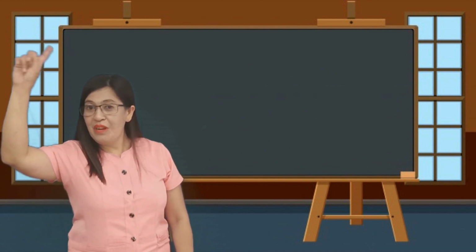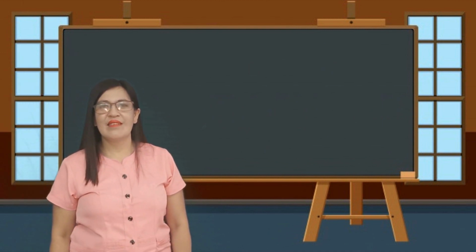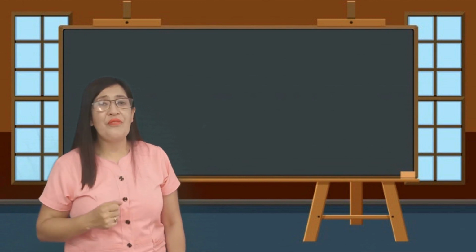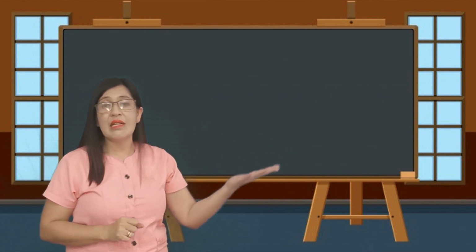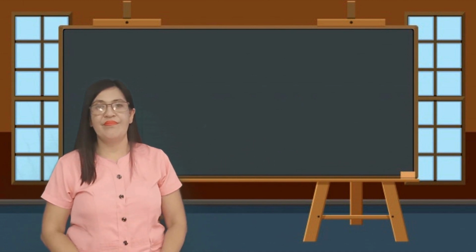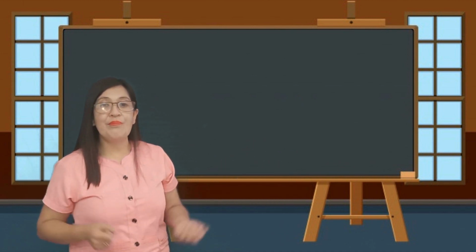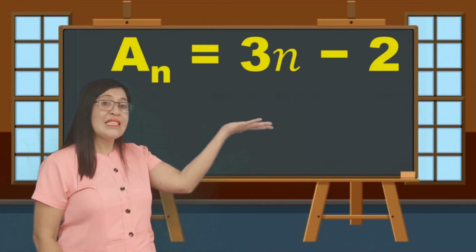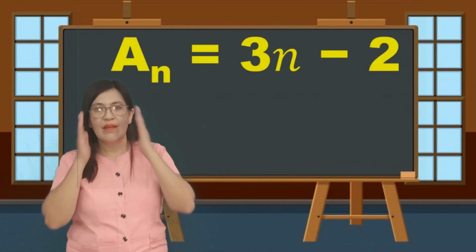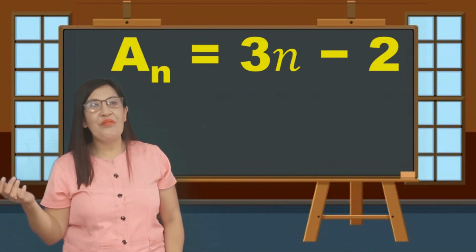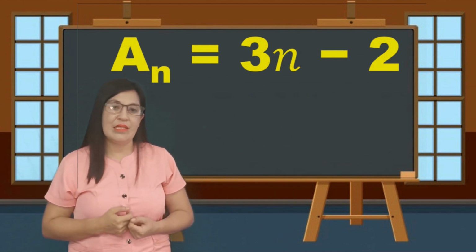Let us level up your learning. Can you find out the first three terms of these sequences, defined by each general term or nth term? Say for example, number 1, a sub n equals 3n minus 2. How to find the first three terms of this sequence?